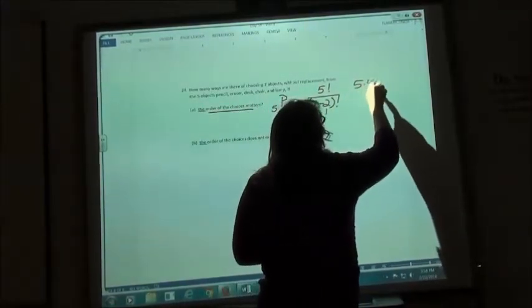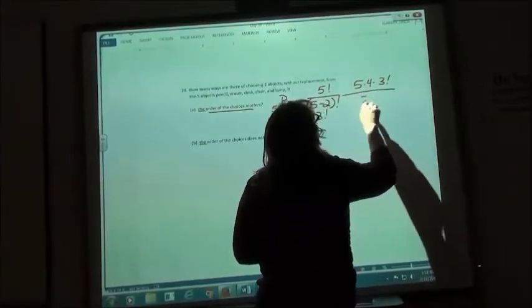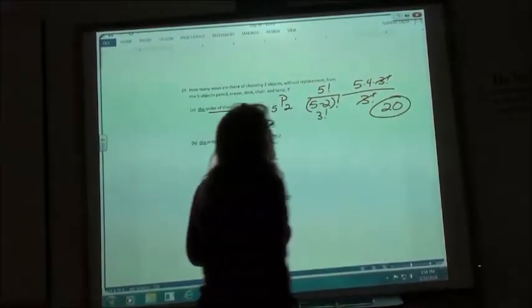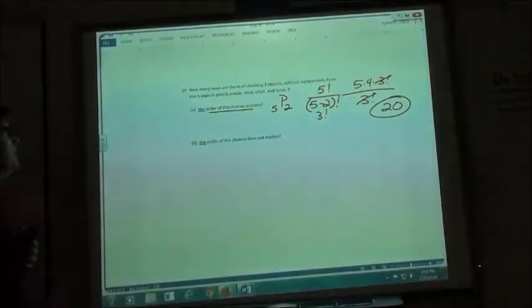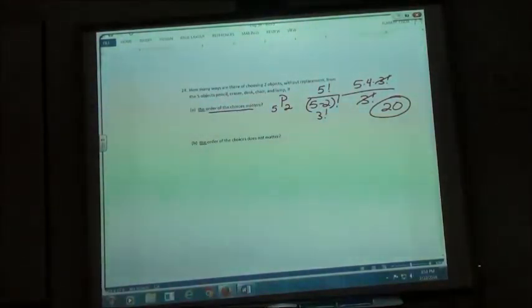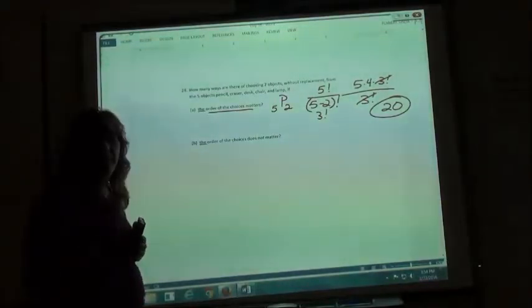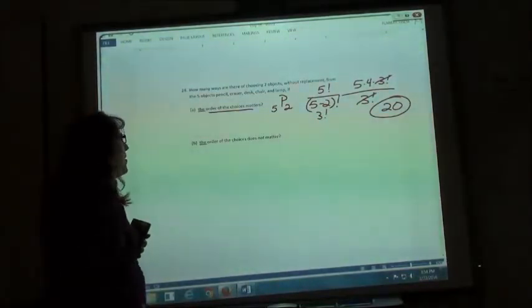So 5 times 4 times 3 factorial over 3 factorial. 5 times 4 is 20. I have 20 different permutations. Pencil eraser is different from eraser pencil. Pencil desk is different than desk pencil, and so forth.